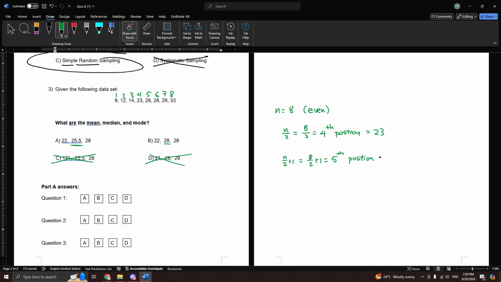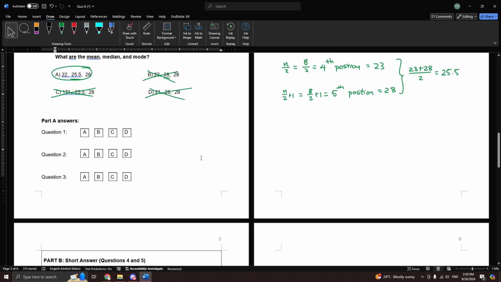My 5th position is 28. And now I can find the number directly between them by taking 23 and 28, adding them together and dividing by 2. That's going to give me 25.5. So it is not B. Our answer for question 3 is A. All right. So let's keep going.